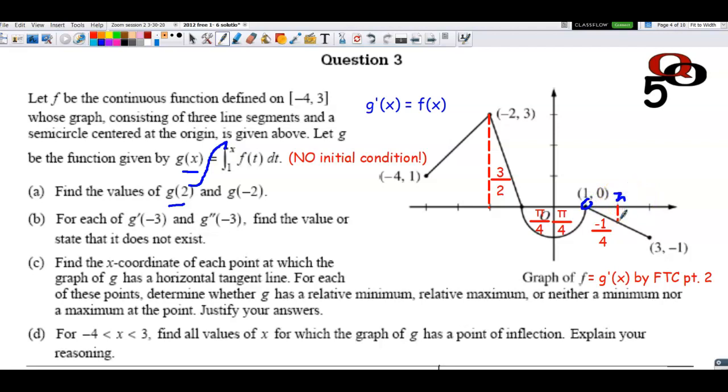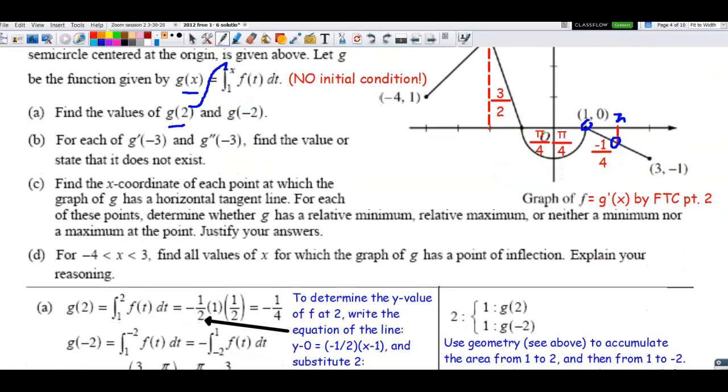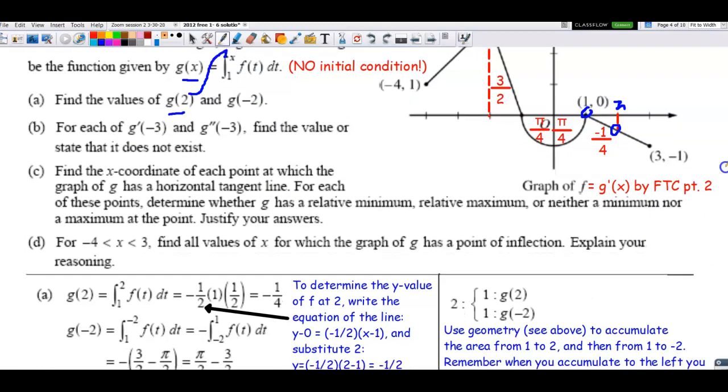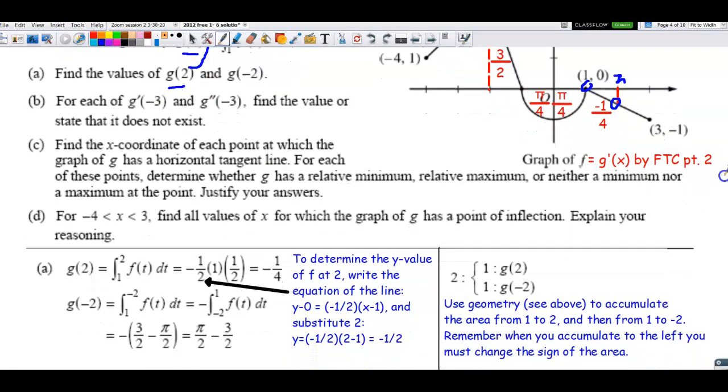Now I'm going to find the area of that region, but to do that, I'm going to need to know what this y value is right here on this line. So in order to do that, I'm going to write the equation of the line, and you can see on my work down here, I'll try to keep the picture in there.